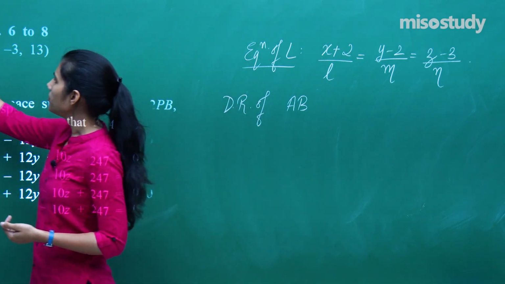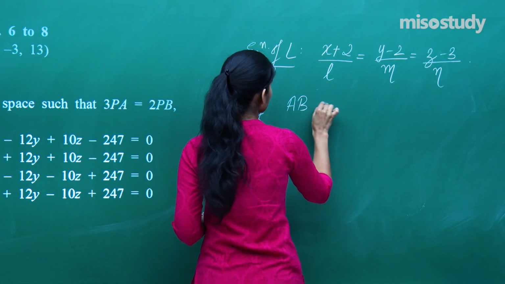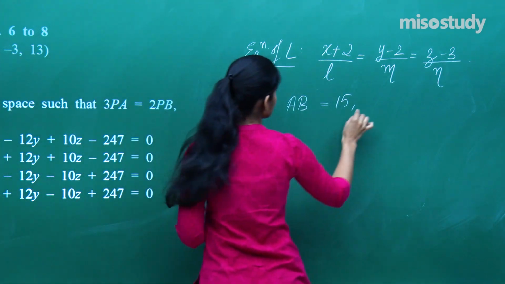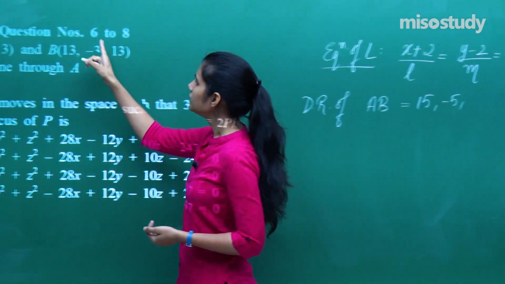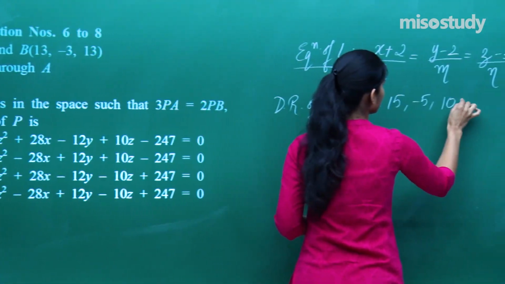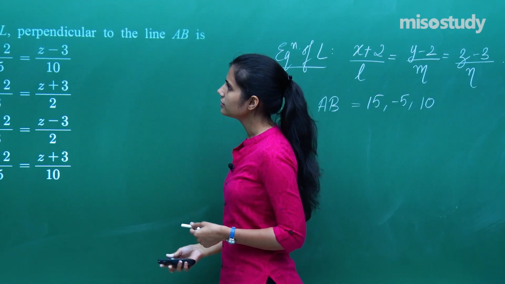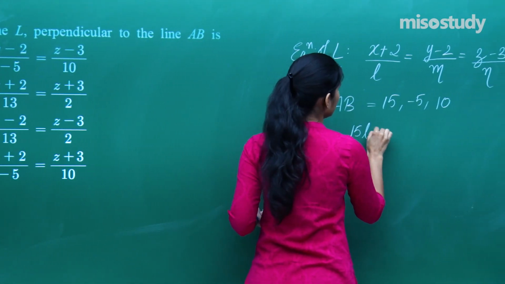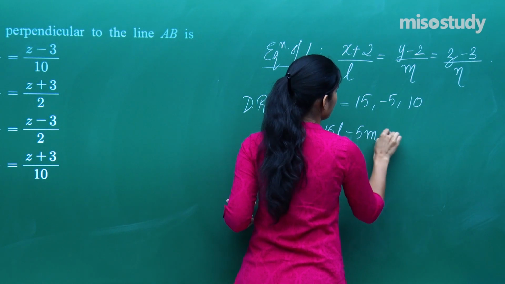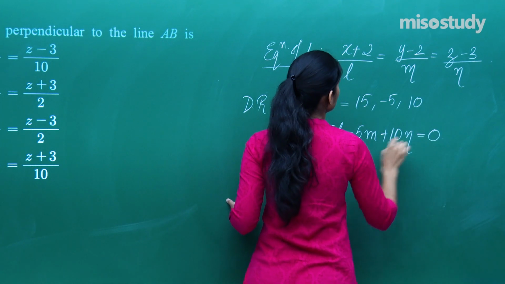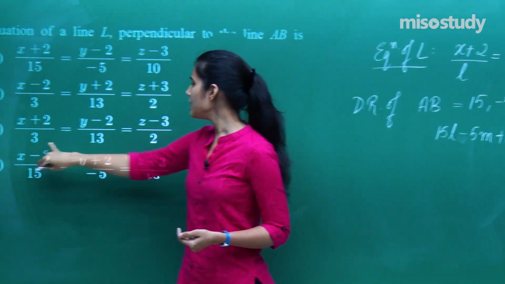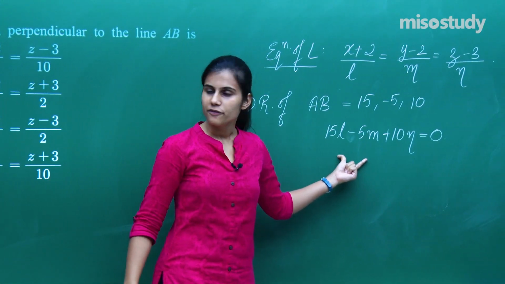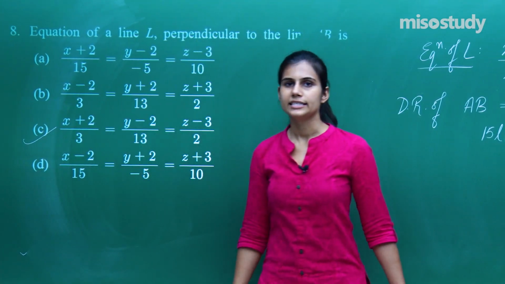It is what? 13 minus minus 2, so 13 plus 2 is 15. Then you have minus 3 minus 2, which is minus 5. And then you have 13 minus 3, which is 10. Because it is given in the question that the line is perpendicular to the line AB, you basically get 15L minus 5M plus 10N equals 0. So for L equals 3, M equals 13, N equals 2, this is being satisfied, and therefore your correct option is option number C.